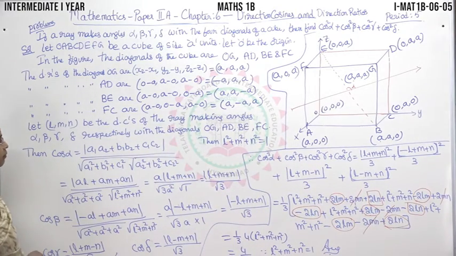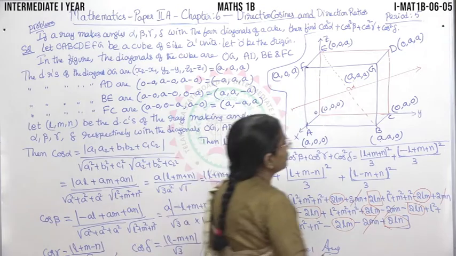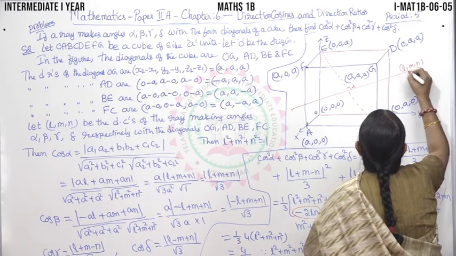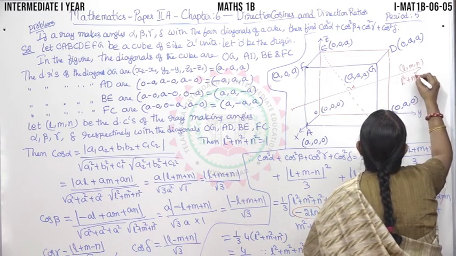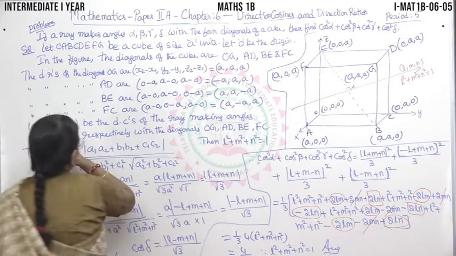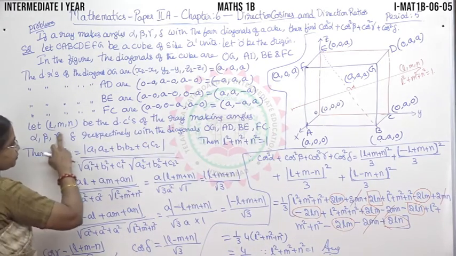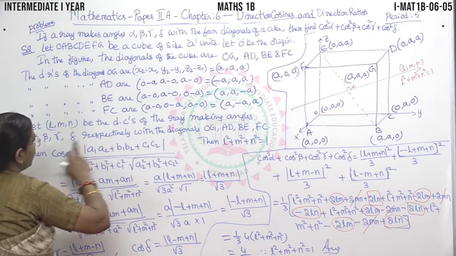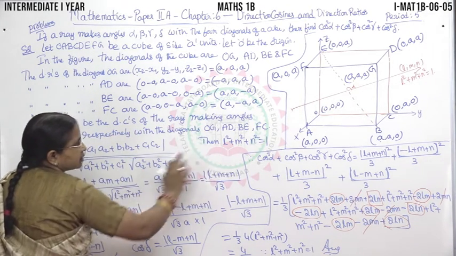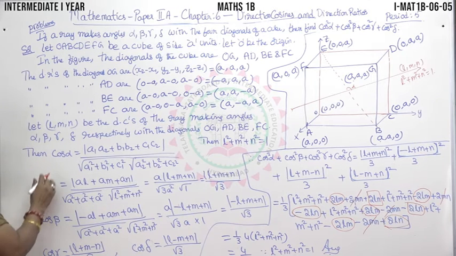So the direction cosines of the ray are L, M, N such that L square plus M square plus N square is equal to 1. So you mention that L, M, N are also the direction cosines of the ray making angles respectively with the 4 diagonals. Then this satisfies this condition. Now find cos alpha.